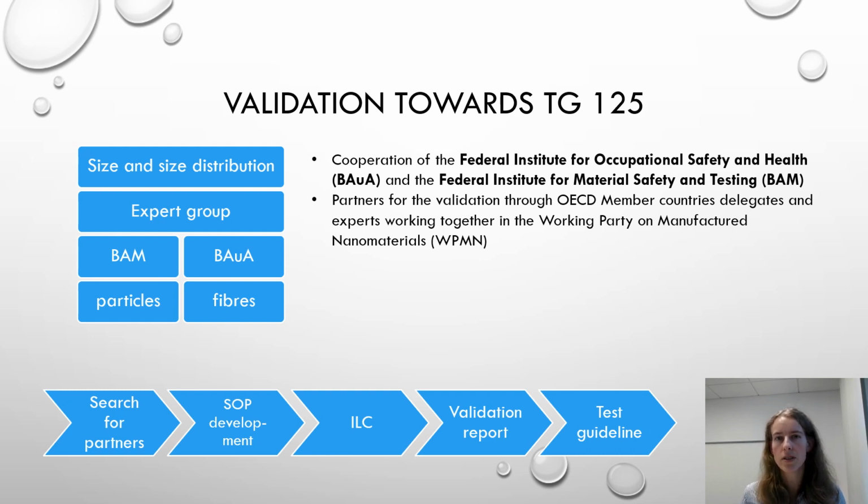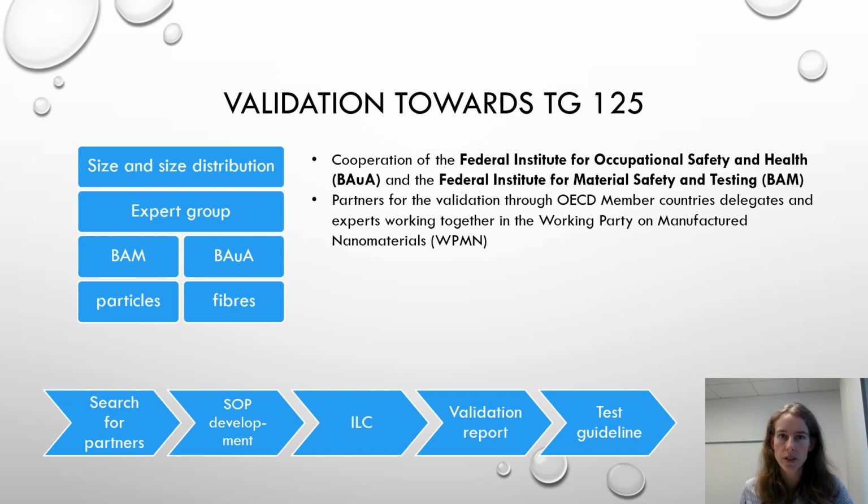The methods for these two kinds of materials were validated in two interlaboratory comparisons. BAM performed the validation for the methods for particles, while BAuA performed the validation for methods for fibers. In my talk, I will focus on the BAuA part of the validation study.